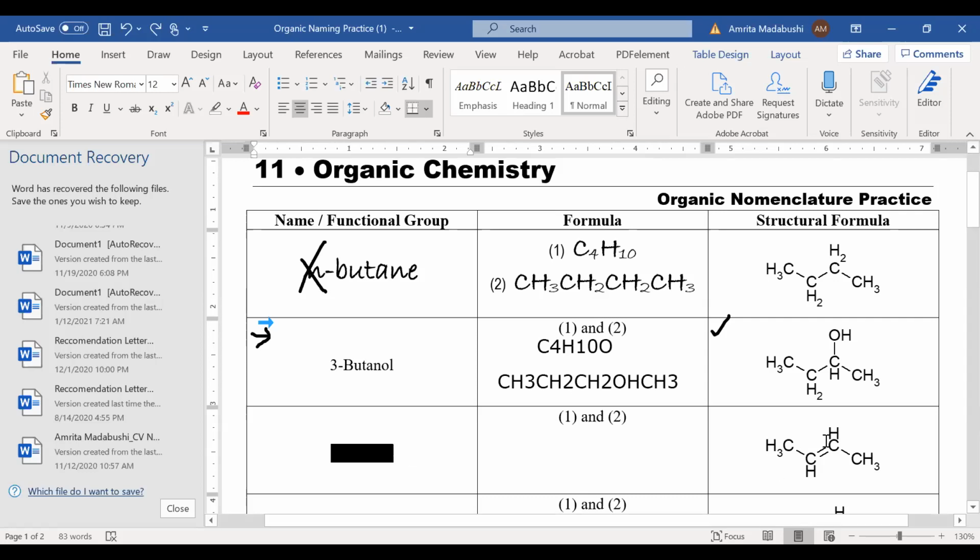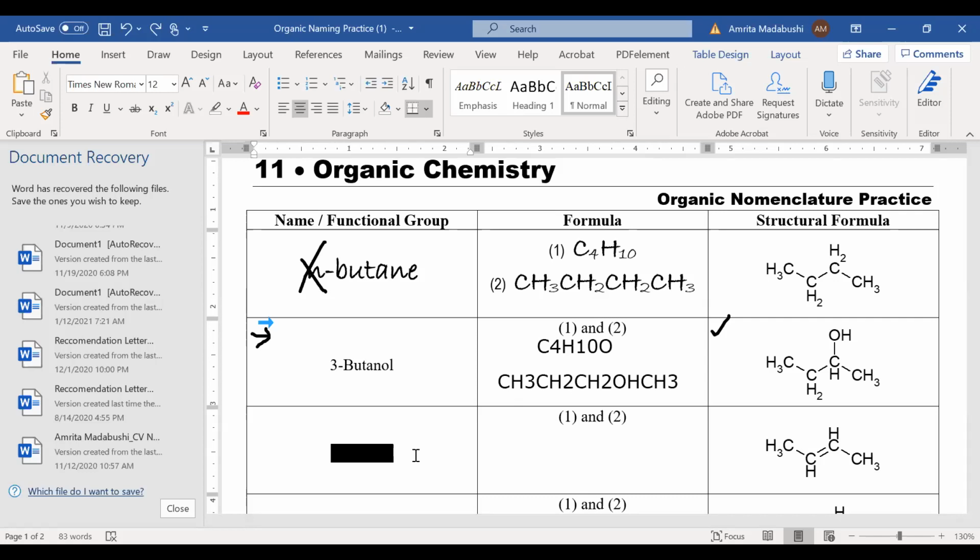Okay, so the second one. That should be a butane. It has a 4-carbon chain. Okay, you said butane. Anyone else? We still have to put the suffix to it, right? I say it's a double bond.